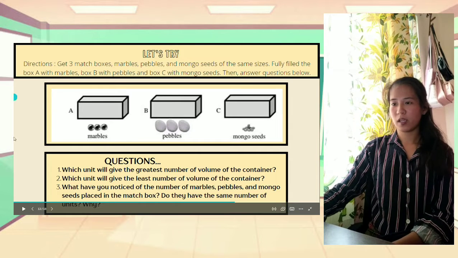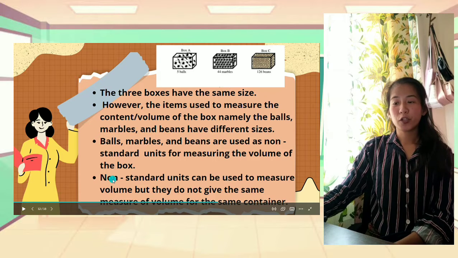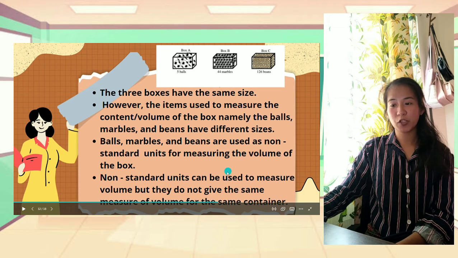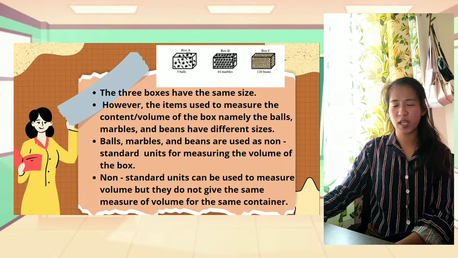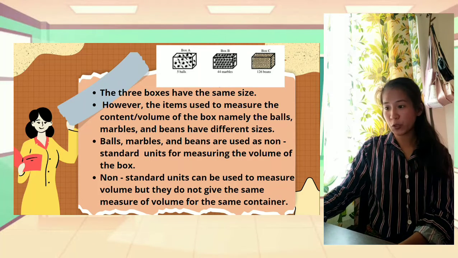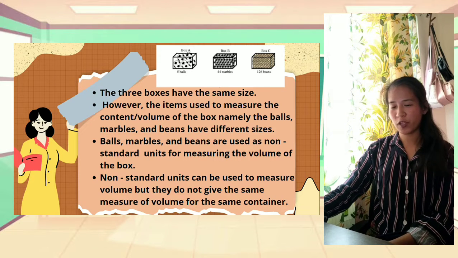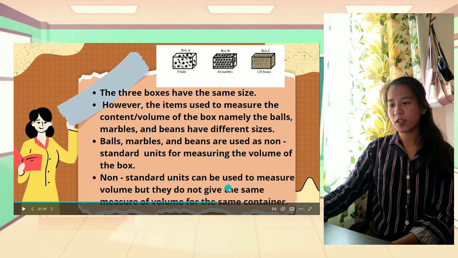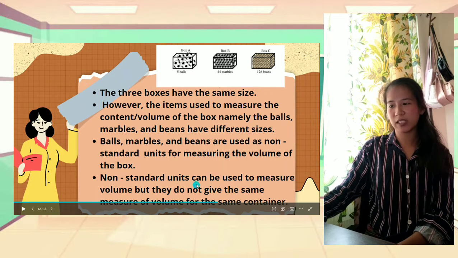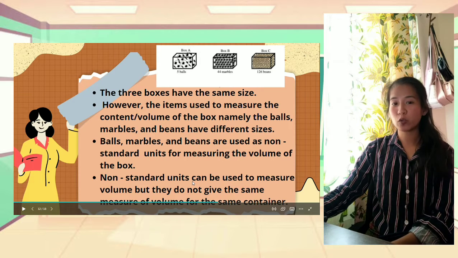Let me go back to the previous slide. Non-standard units can be used to measure volume, but they do not give the same measure of volume for the same container. So when we say non-standard units, no matter what size your objects or items are, they always have different sizes and they do not give the same measure of volume for the same container.